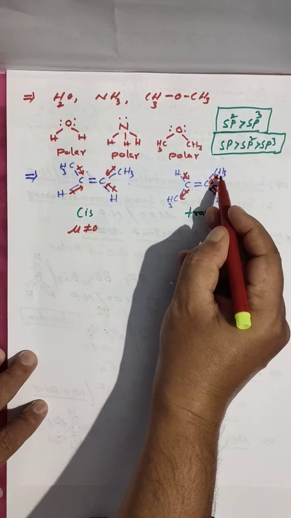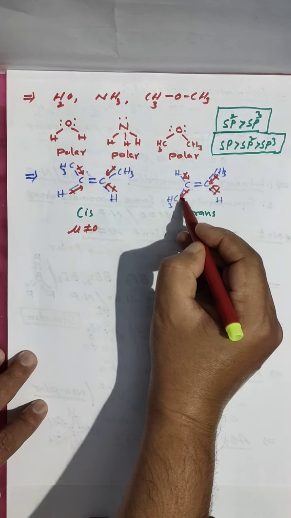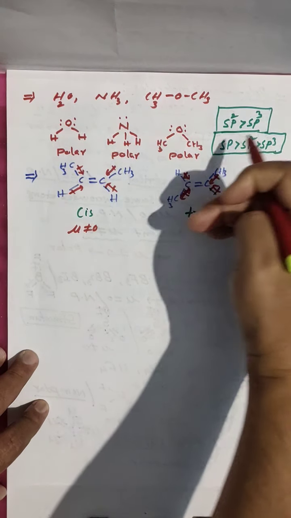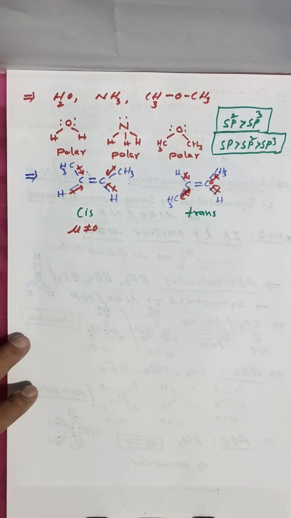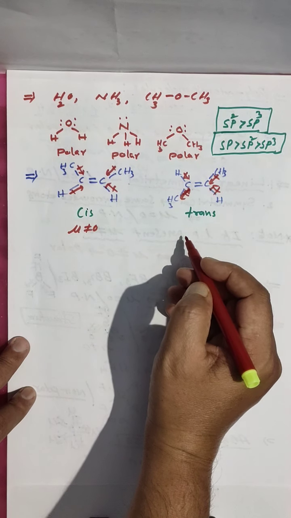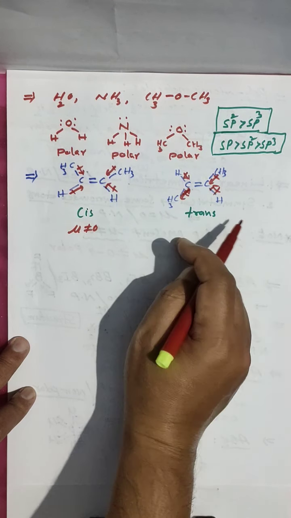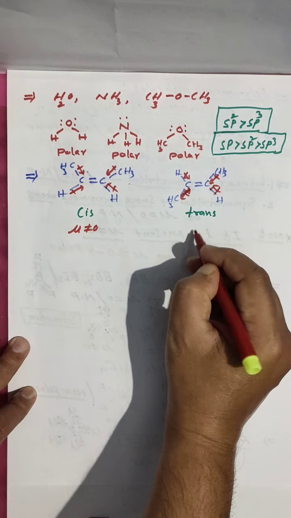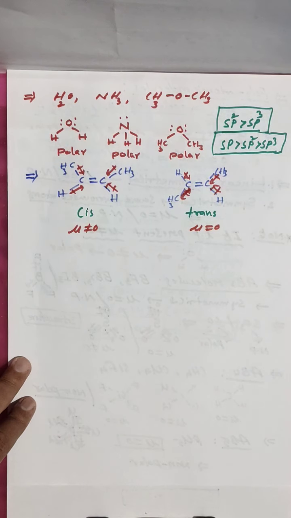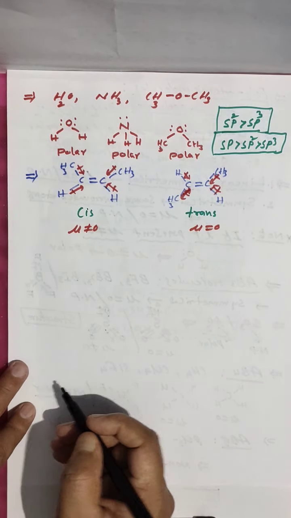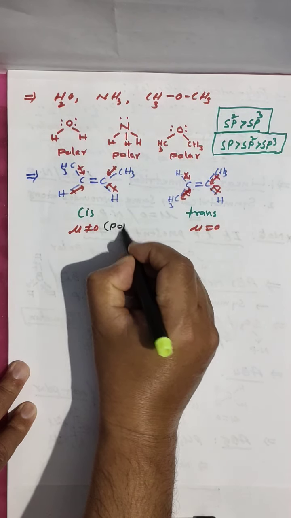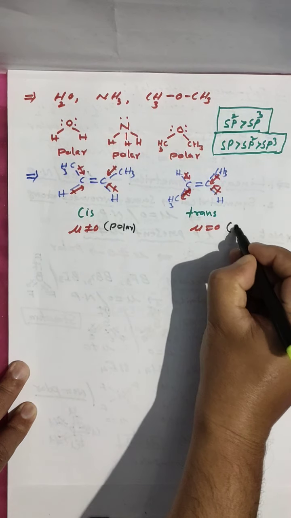So here moving this to carbon and this to carbon, this side. Clear? This is coming this side and this is coming this side. Clear? This is trans. So this is now not equal to 0 and this is equal to 0. Net dipole moment is there in one, so this is polar, and this is non-polar.